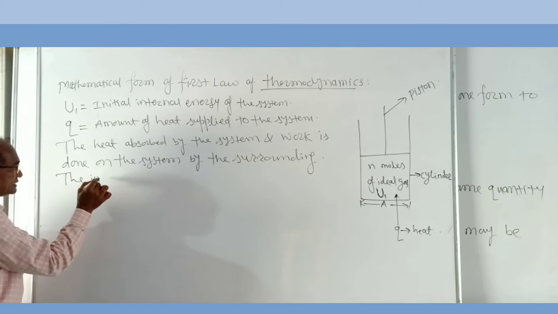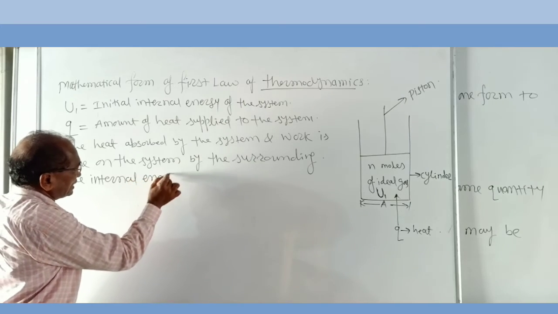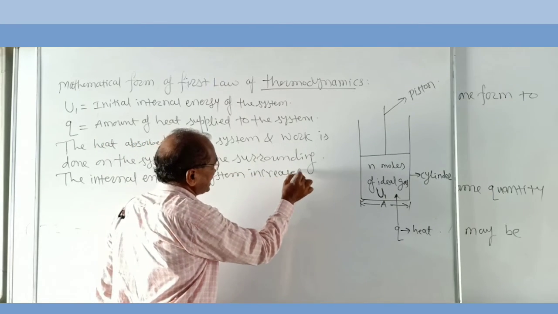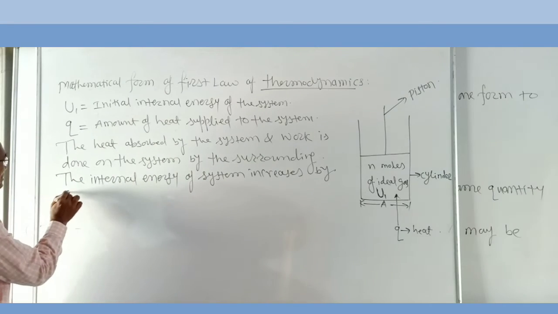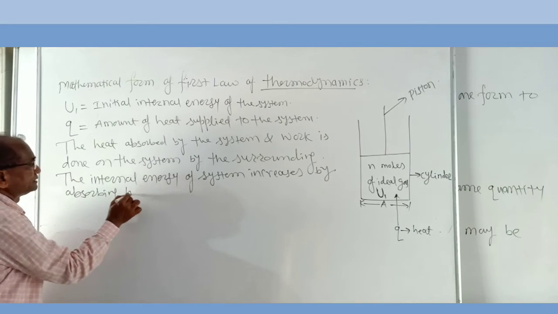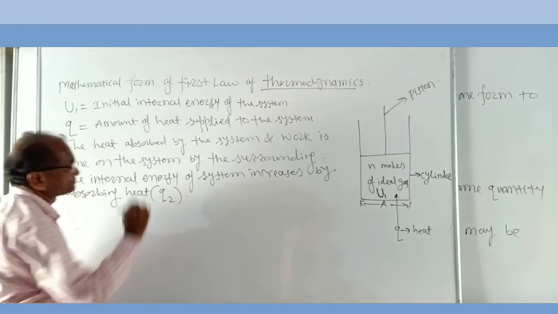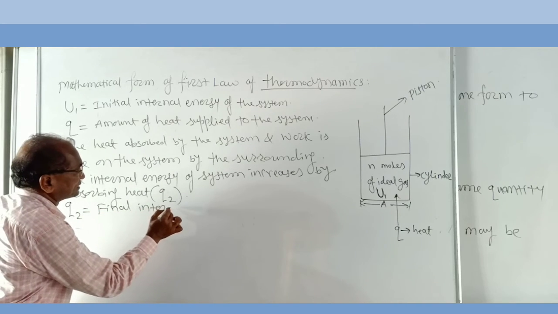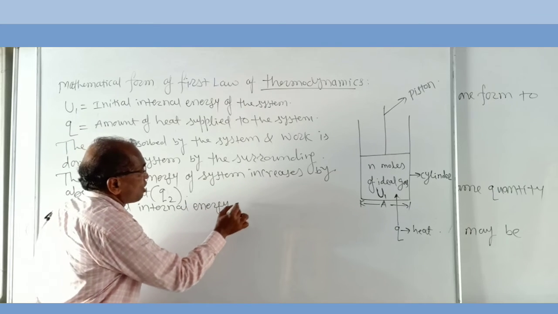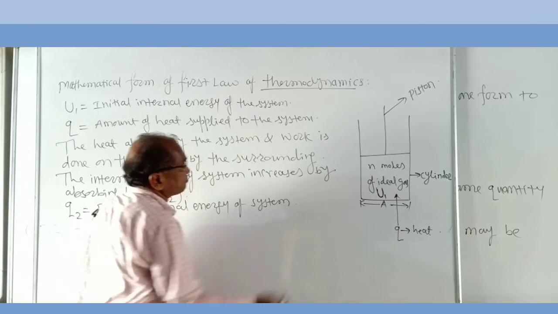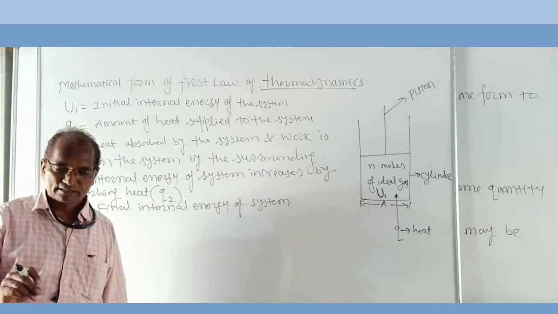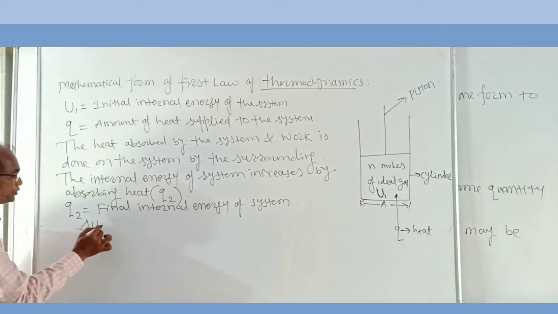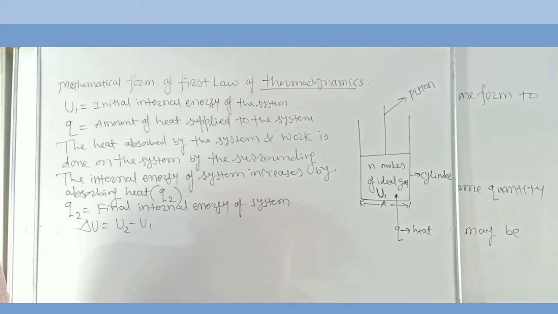The internal energy of the system increases by absorbing heat, and U2 is the final internal energy of the system after absorbing heat from the surroundings and work being done on the system by the surroundings. Delta U is equal to U2 minus U1.